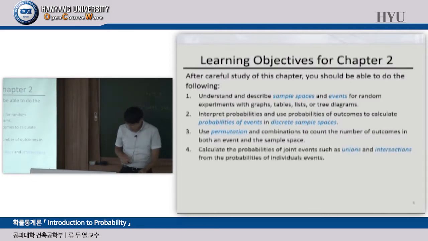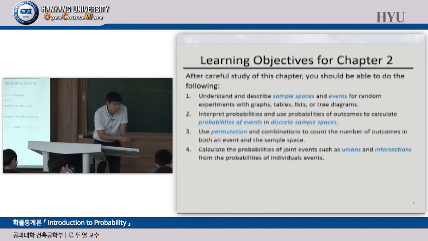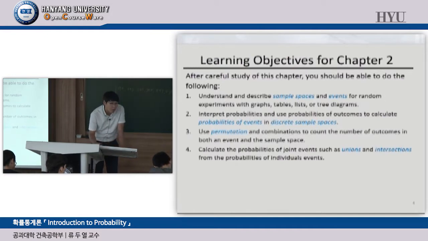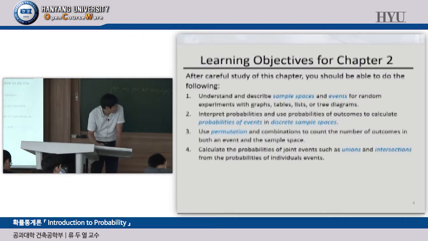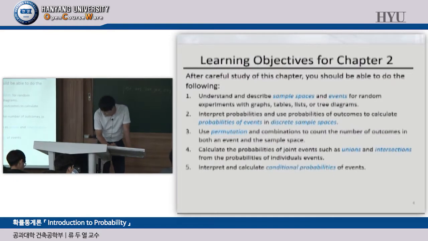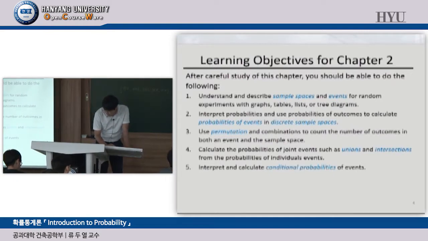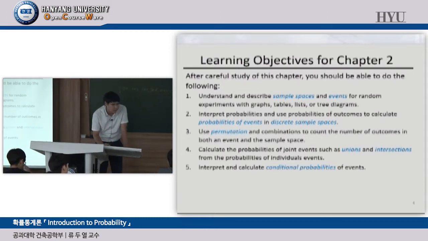And then we can also calculate the probabilities of joint events, such as unions, which is called 합집합 in Korean, and the intersection, which is called 교집합 in Korean, from the probabilities of individual events. After that, we can interpret and calculate the conditional probabilities of events.